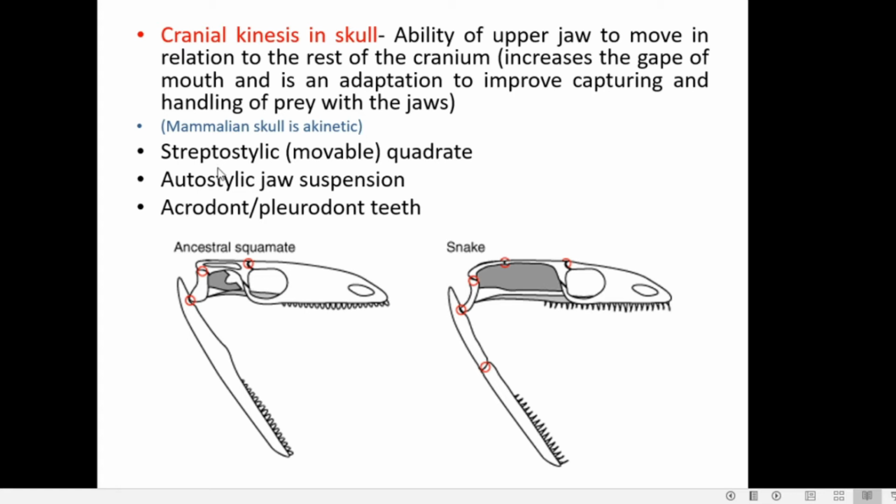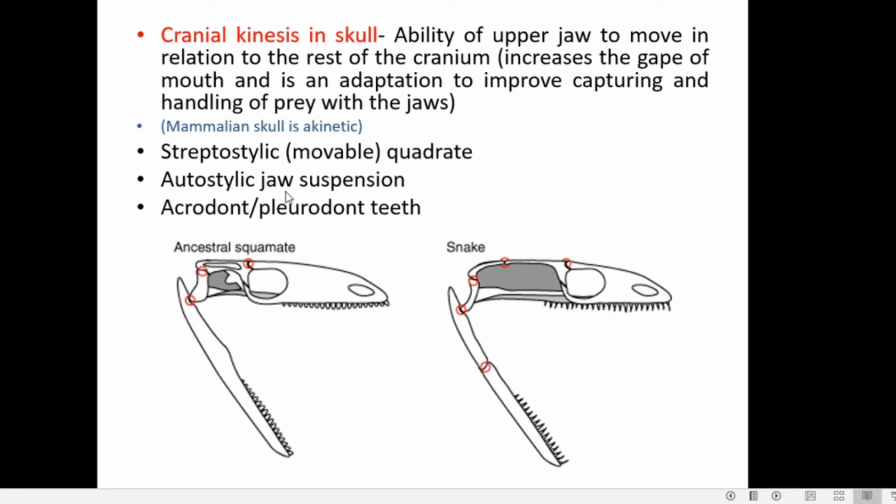Contrary to the chelonians and crocodiles, which possess a monimostylic or immovable quadrate, the squamates possess a movable or streptostylic quadrate. That makes them different from crocodilians and chelonians. The lizards and snakes have a streptostylic or movable quadrate, or upper jaw.